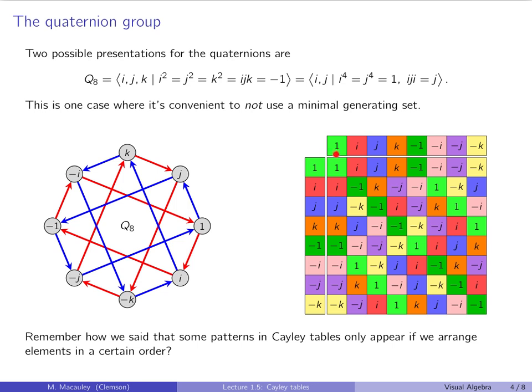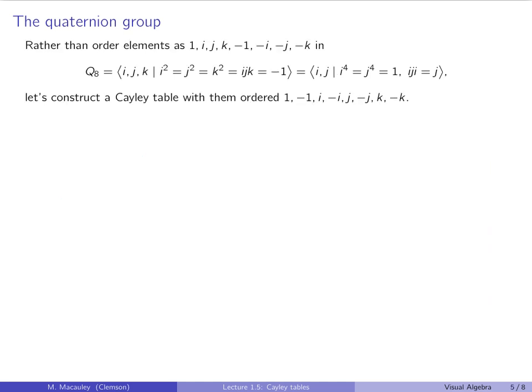So instead of doing 1, i, j, k, the positives followed by the negatives, negative 1, negative i, negative j, negative k, I'm going to group the 1s together, then the i's together, then the j's, and then the k's. What do you think is going to happen? Any guesses? Okay, this is your last chance to guess before I show you.